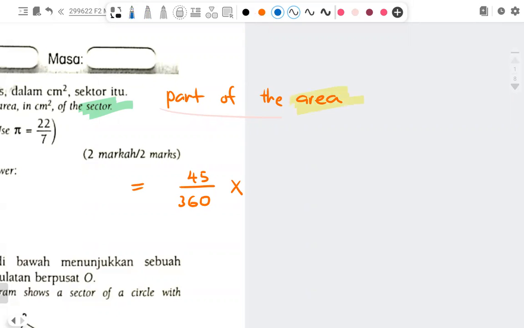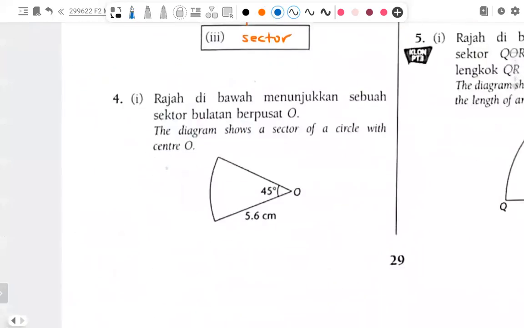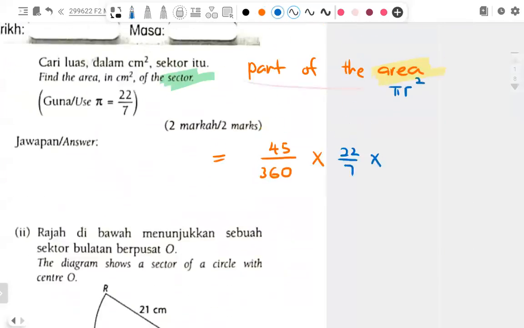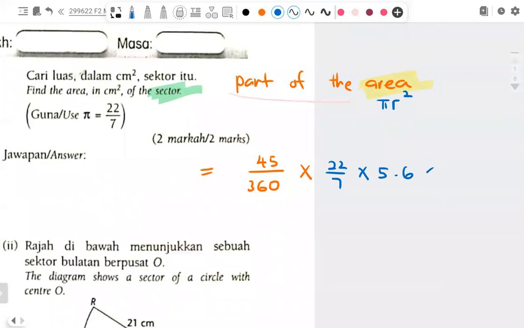Formula pi r square. I think you can write pi times radius times radius to avoid careless mistakes. So pi times radius, 5.6 times 5.6. Key in the calculator again, you will get the answer. But be careful of the unit there.